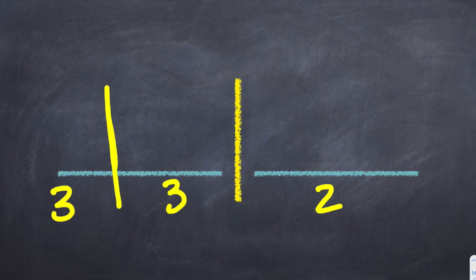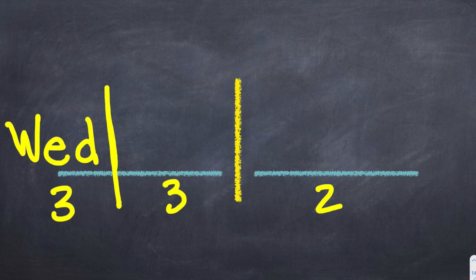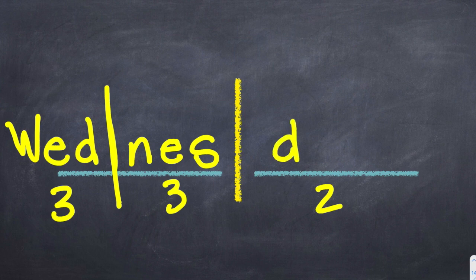W. Well, we got to capitalize this. This is a word, right? It's the name of a day. Wed, ness. And day again. Let's see if we can figure this out. D, and a at the end of a word is a y.